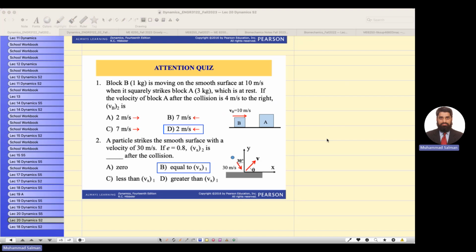I'm trying to save time because this is a similar problem to what we already did. Now here, the question by this gentleman: you asked me if the blocks separate. This is the same question. When the blocks do not embed, they separate after the collision. So you can practice, it's not a big deal. MAVA1 plus MBVB1 equals MAVA2 plus MBVB2.